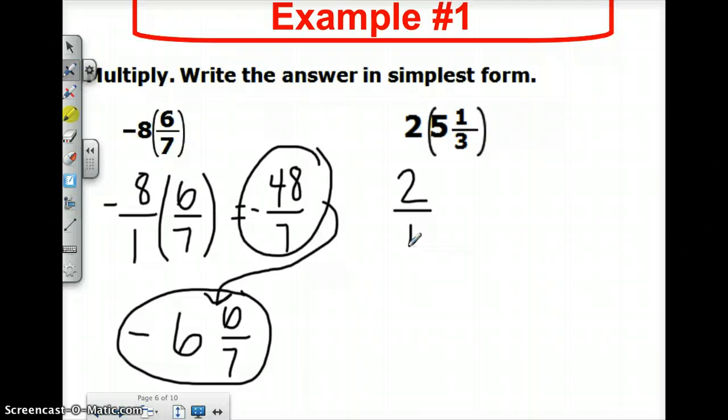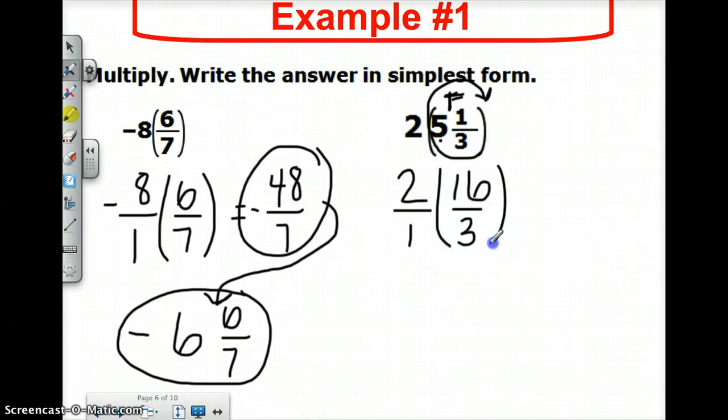And remember, 5 1/3, you start at the bottom and you multiply, making your way up. 3 times 5 is 15, and then add 1. Whoops, let's make that an addition sign. Having a hard time with my pen, sorry. 3 times 5 is 15. 15 plus 1 is 16 over 3.